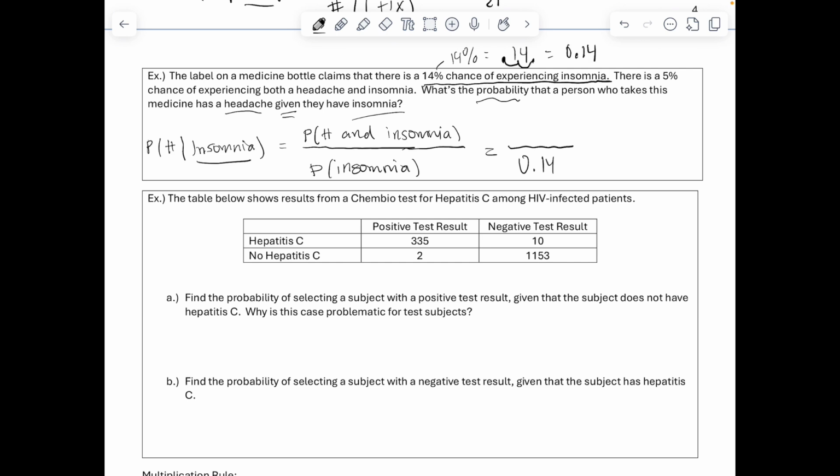And likewise, it says there's a 5% chance of experiencing both headaches and insomnia, and that's going to be the numerator that we need. So again, moving your decimal point twice to the left, and that empty space is going to be a 0. And then dividing this out on your calculator and rounding to 4 decimal places, we get 0.3571.